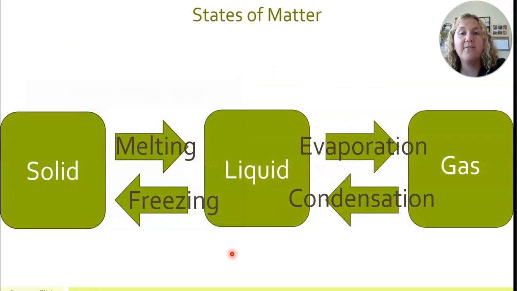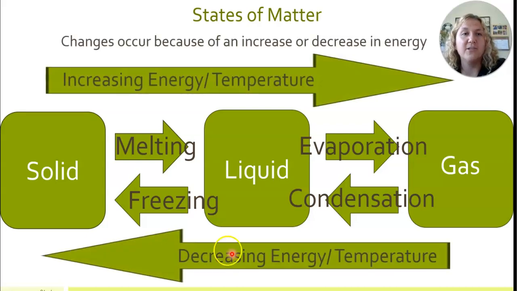So now we have our states of matter diagram all filled out, and we need to talk about one more overarching concept, that the changes occur because of an increase or decrease in energy. So increasing energy and or temperature. So when we have a solid, we increase our energy by melting into a liquid, and then we increase our energy further through evaporation to turn into a gas.